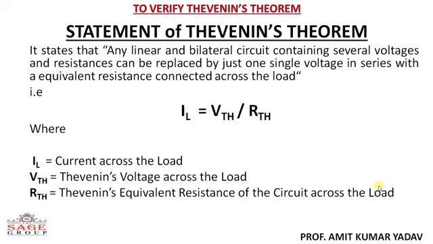So for doing these things in a simplified form, we can use this Thevenin theorem, because by using this theorem you can very simply calculate the current of any particular load connected anywhere in the complex network. So this is the main significance of this theorem.